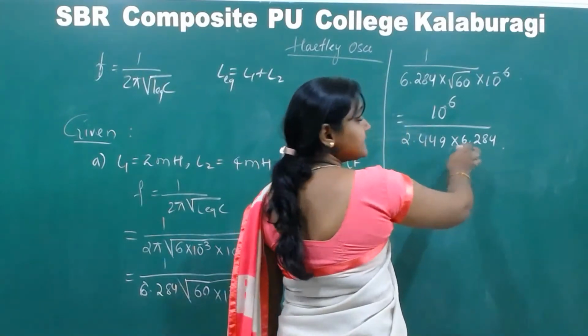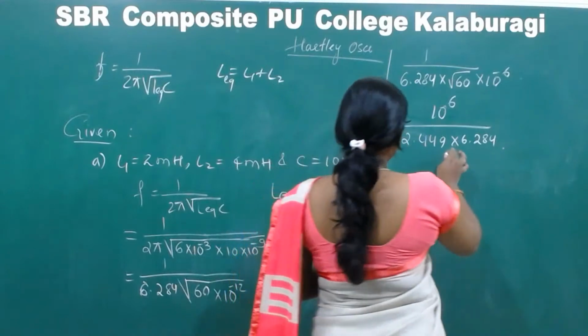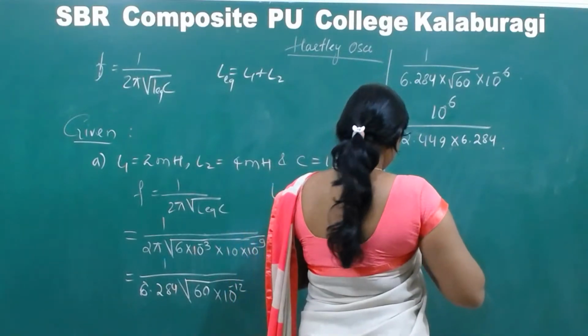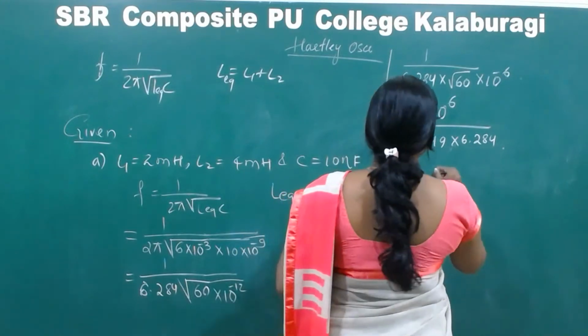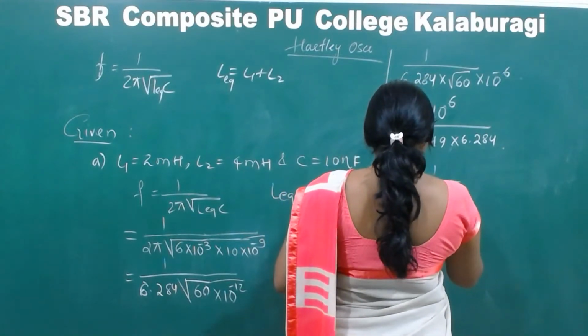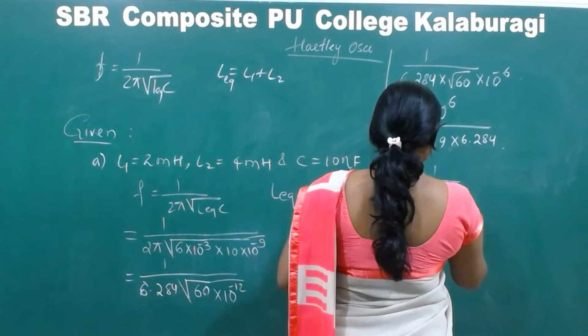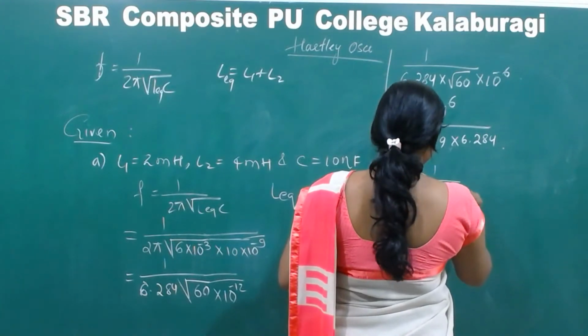That is going to give you a total of 1 by 15.389.